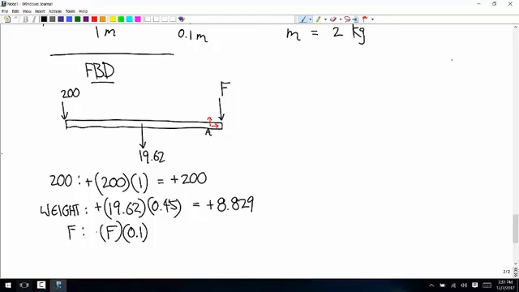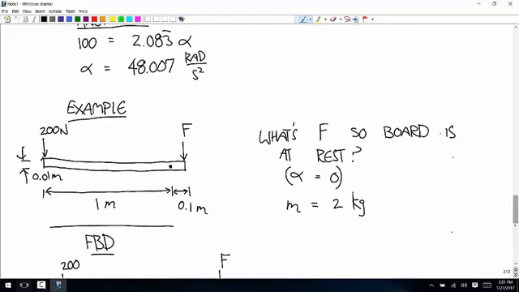That way it would be clockwise, so this is negative. Yes? The 0.01 is just the thickness. The distance we're talking about now is the distance from here to here, and that's 0.1.